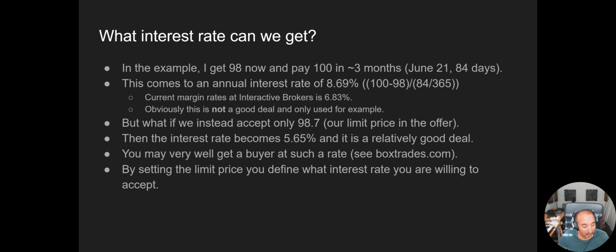There's a website called boxtrades.com that shows the rate that you might be able to get. But essentially, by setting this limit price, you are defining what interest rate you're willing to accept. And either the market takes it or not. You might need to make some adjustments to get a buyer of this contract.